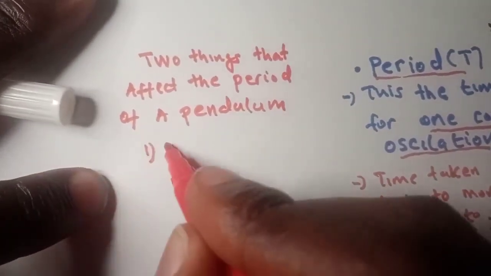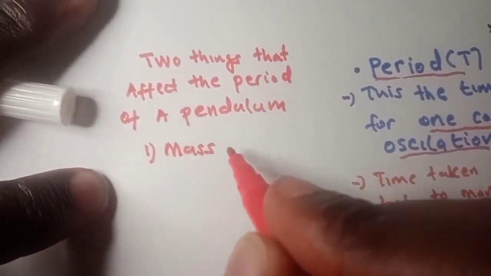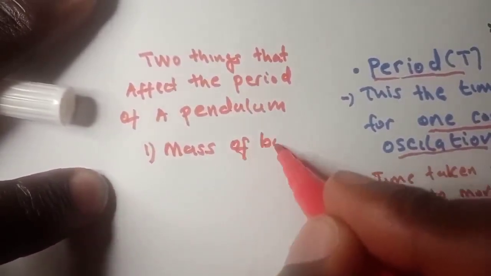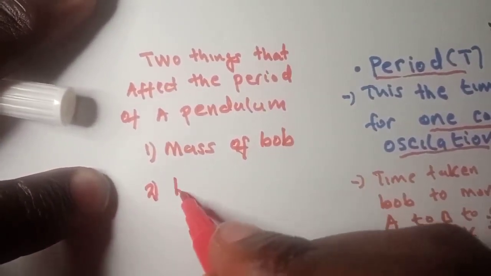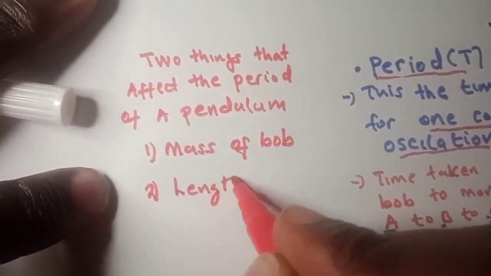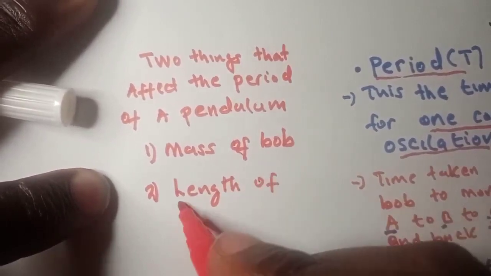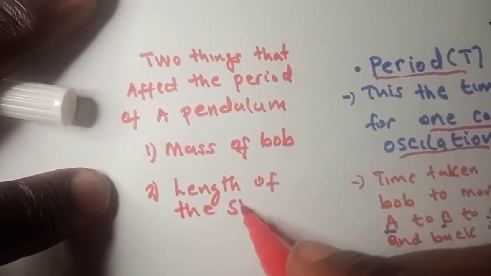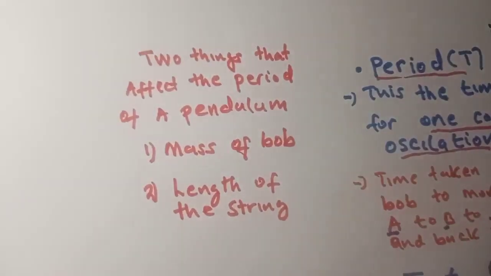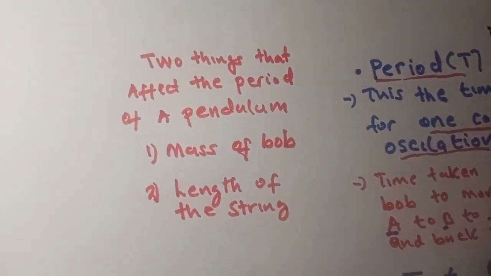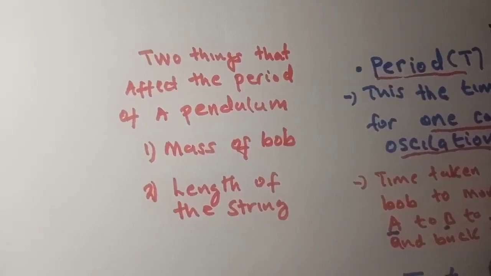Number one, the mass of the bob. Number two, the length of the string. Okay, so these two things will affect the period of a pendulum.